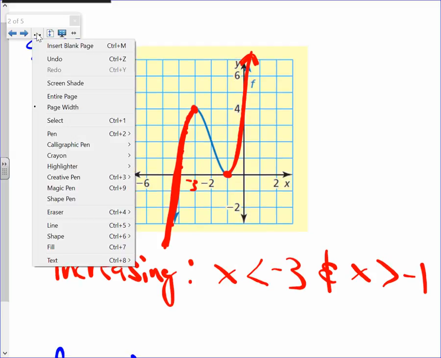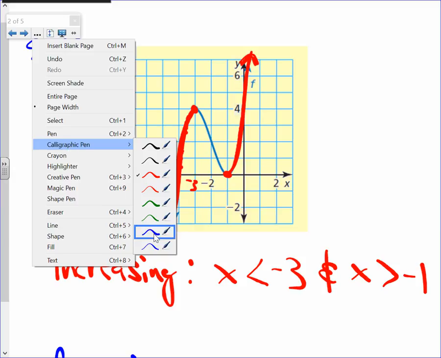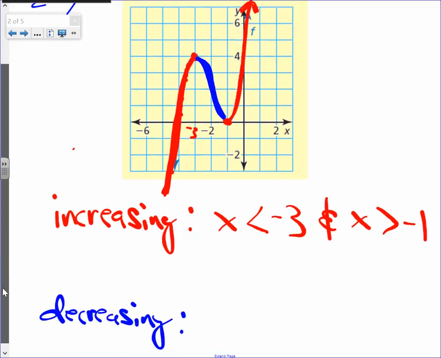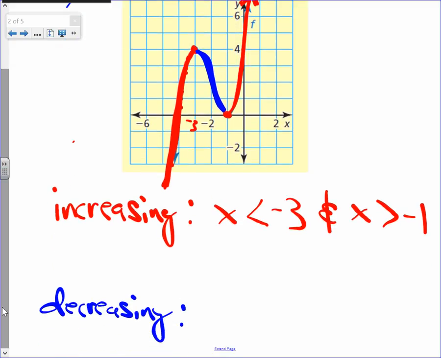Now in blue, let's describe the decrease. So here's a decrease right here. Look at that. So between here and here on x, that function is decreasing on x only. Not f of x, just x.